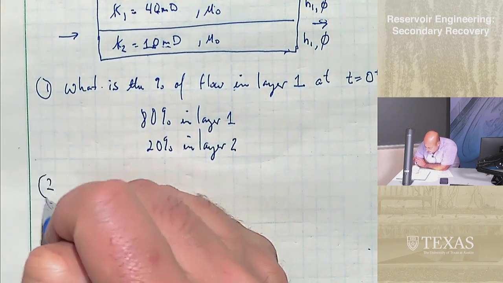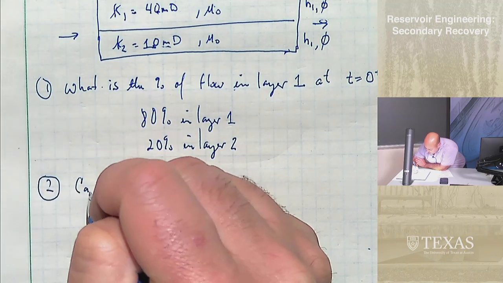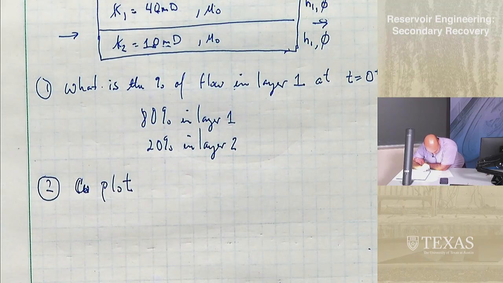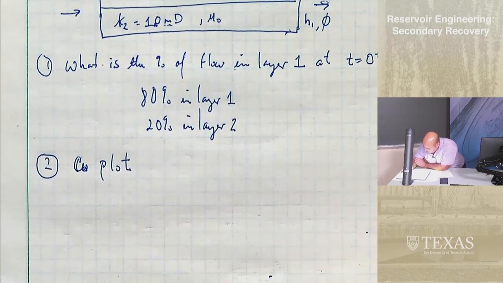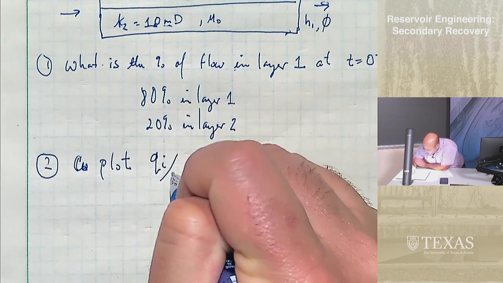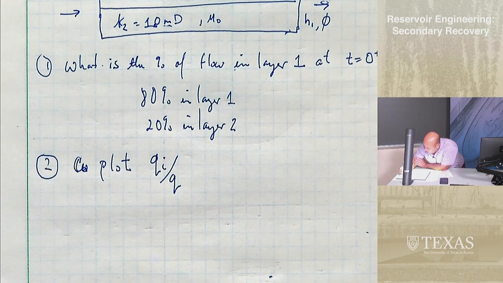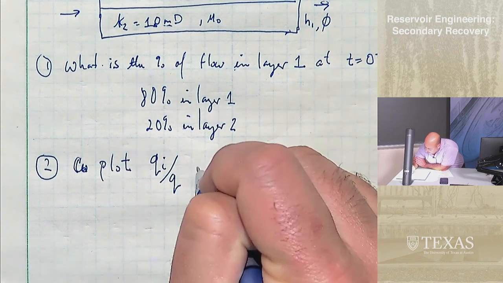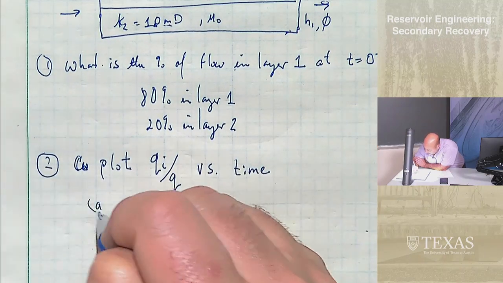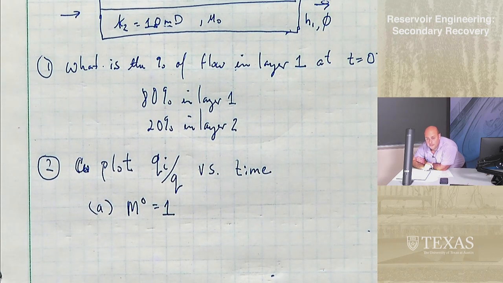Okay, so then my next question is to plot, what do we want to look at here? We'll look at Q_i over Q versus time. I'm going to say the mobility ratio is 1.